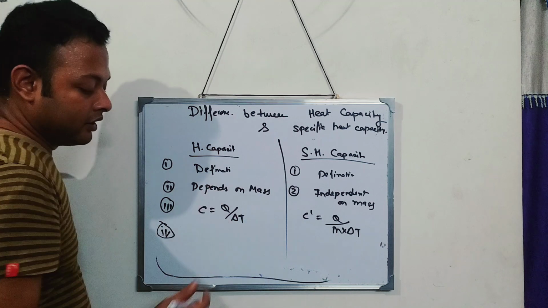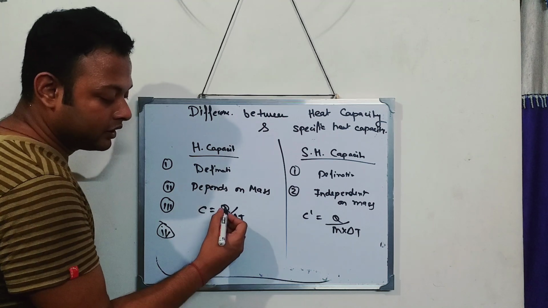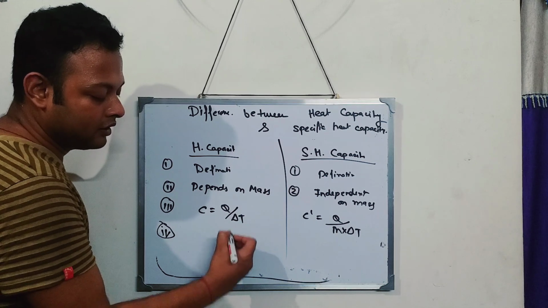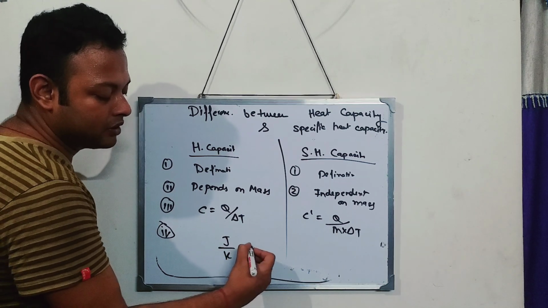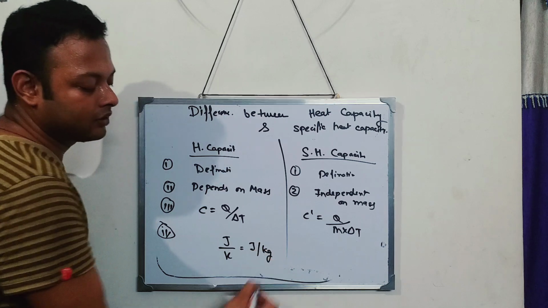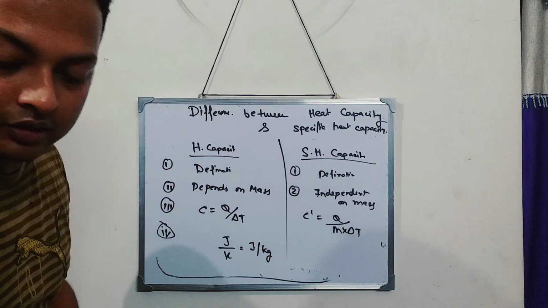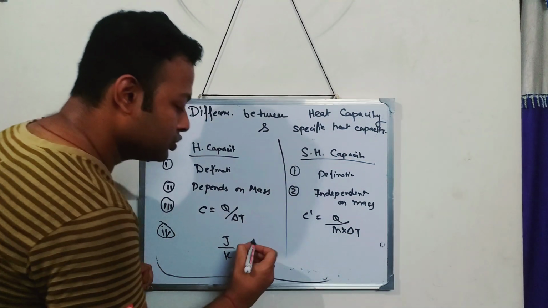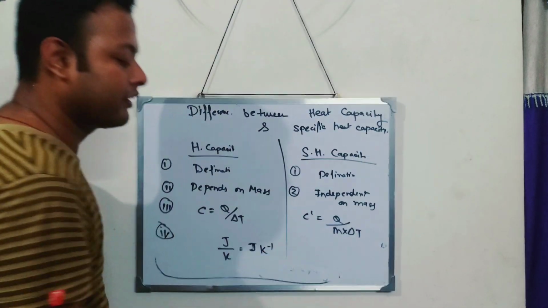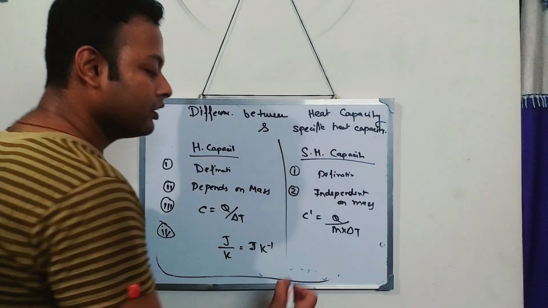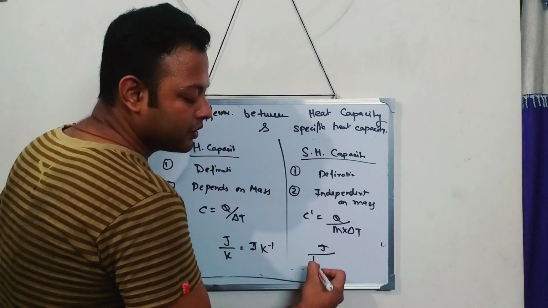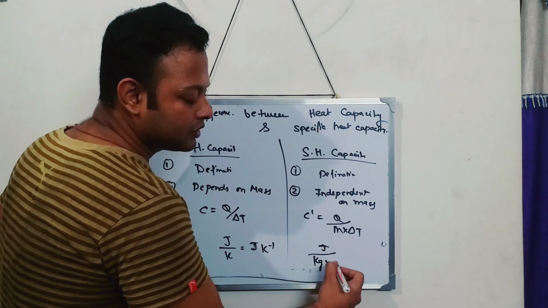And what is the fourth difference? The unit. See, Q by delta T means what? Q represents joule, and it is divided by Kelvin. So it is nothing but joule per Kelvin. And for specific heat capacity, Q represents joule, M represents kg, and this represents Kelvin.